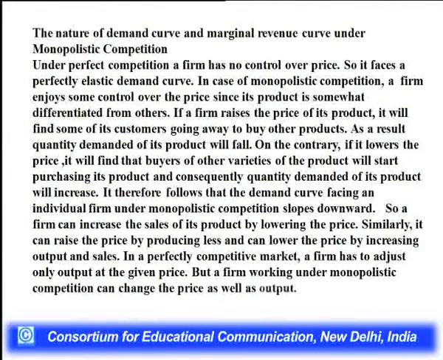So, if it reduces the price, it can attract some customers who would stop buying other products and start buying its product. And if it increases the price, it would lose some of its customers who will start buying other products. Supposing you have the habit of using one type of toothpaste, but if the price of that toothpaste is increased too much, you will shift to some other.